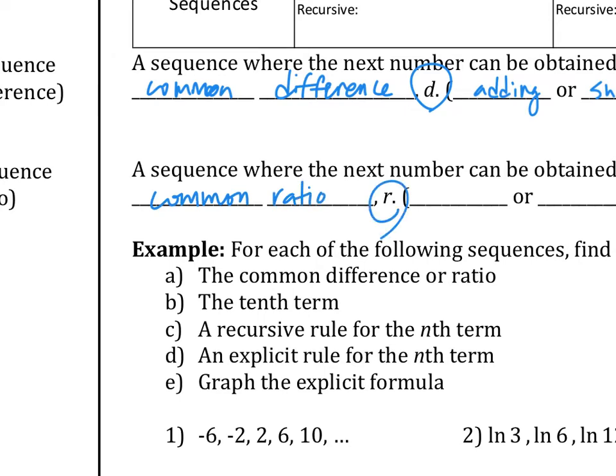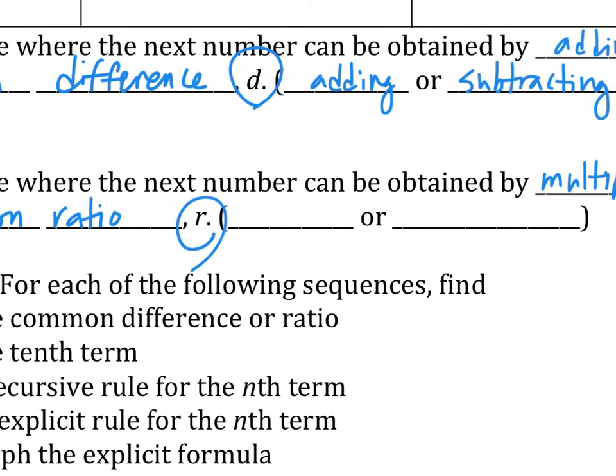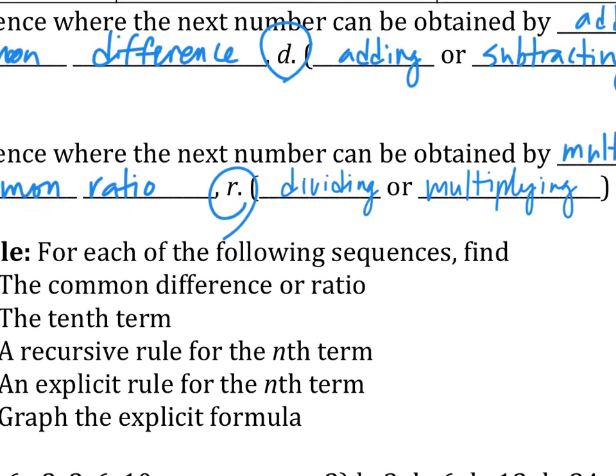When we say ratio, it's going to be some kind of fraction, but basically you multiply by a number, and that number can be a fraction, to get to the next number. So what you want to remember is that you get to the next number by dividing or multiplying. One of them is adding and subtracting, the other one is multiplying or dividing.